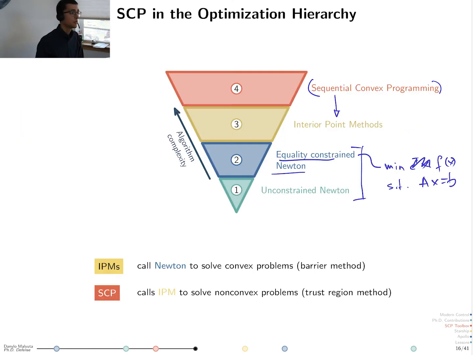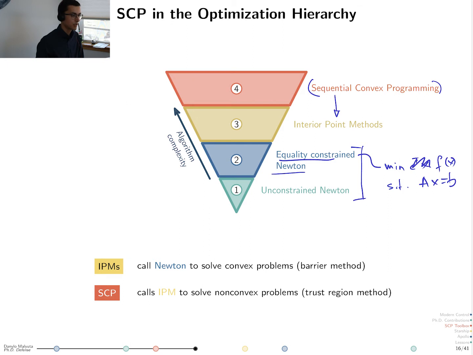Okay, so moving on, I'd like to give intuition for where SCP is positioned in terms of the optimization literature. The most fundamental methods in optimization are Newton-type methods for unconstrained and equality-constrained optimization.